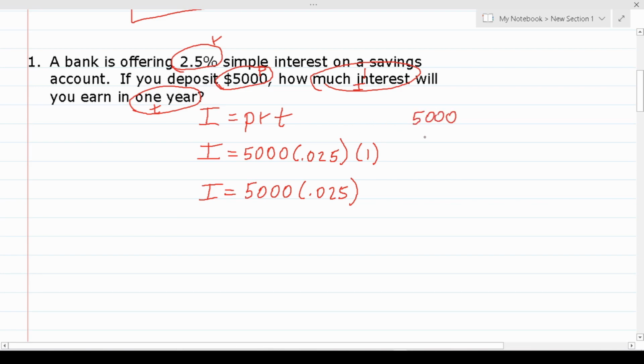That's 5,000 times 0.025. And as I mentioned, we're doing a whole number times a decimal. In order to do this by hand, you have to shift this decimal such that it becomes a whole number. So in this case, I'm going to shift the decimal in 0.025 3 times to the right to make 0.025 just 25.